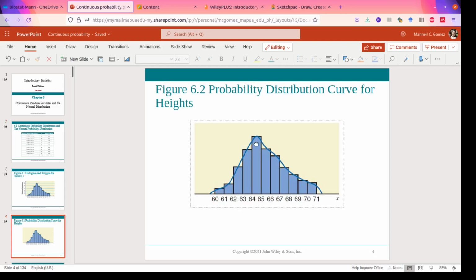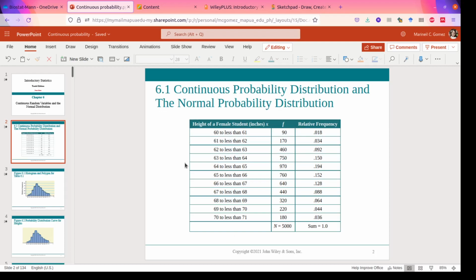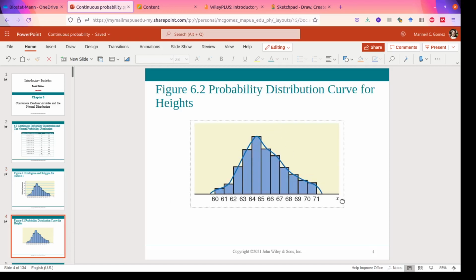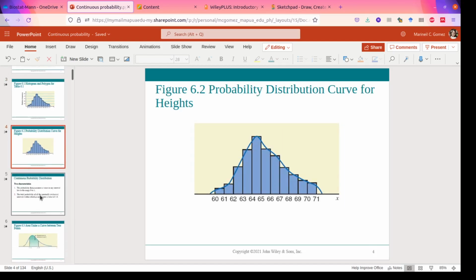Look not at the histogram but at the line itself. It was made by first categorizing the continuous random variable, creating a histogram from the discretized versions, getting the midpoints of each and connecting the dots.